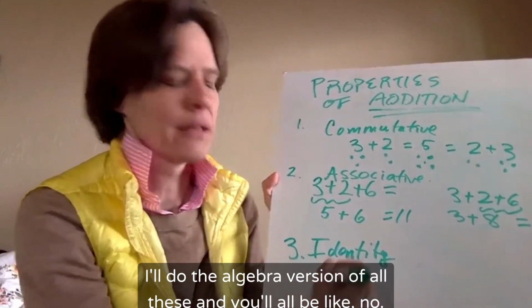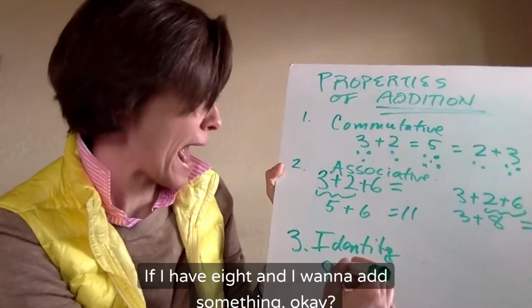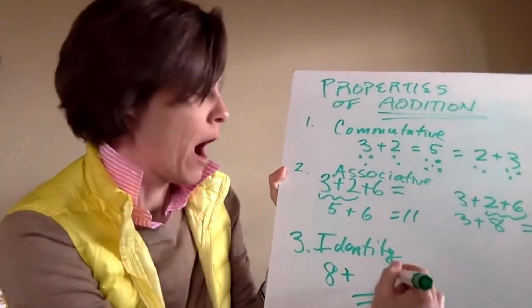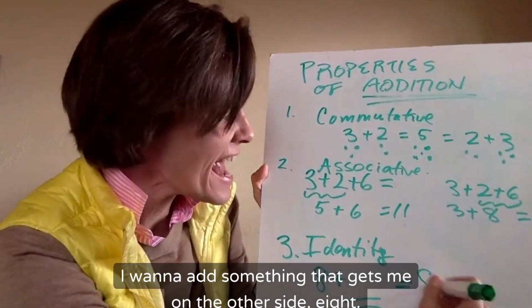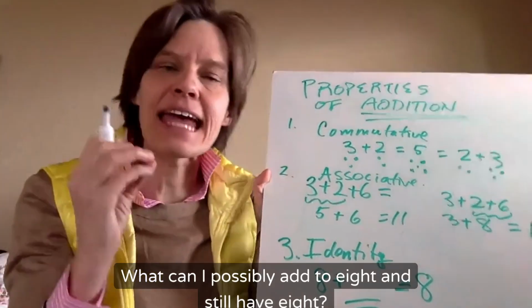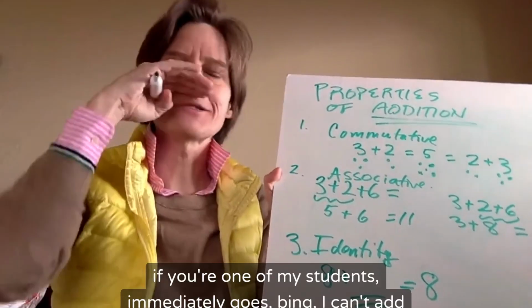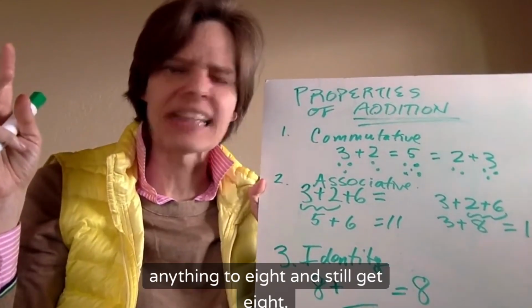And you'll all be like, no. If I have 8, and I want to add something that gets me 8 on the other side, what can I possibly add to 8 and still have 8? Well, if you're one of my students, your brain immediately goes, bing! I can't add anything to 8 and still get 8.